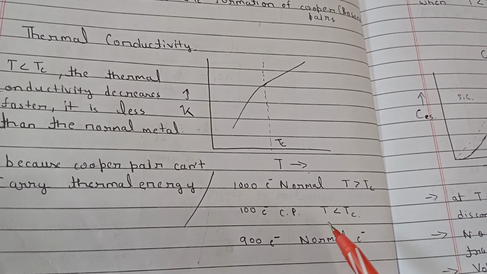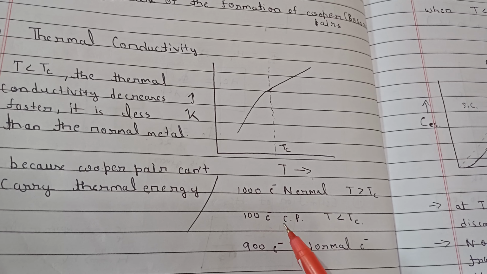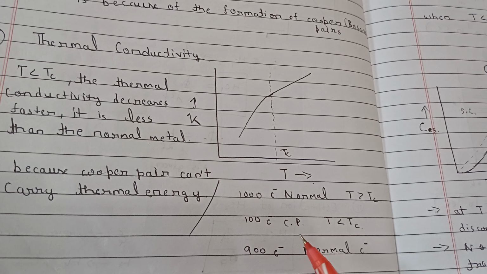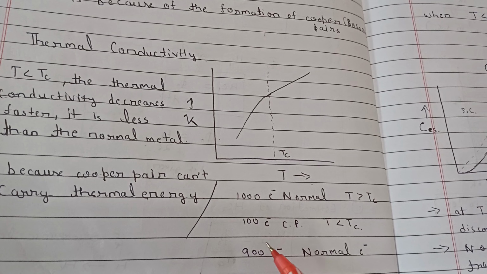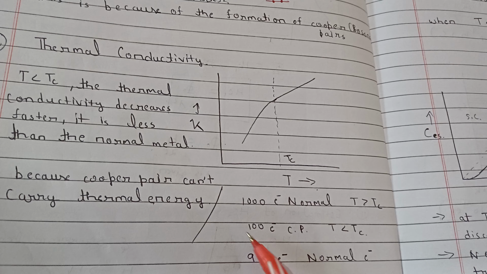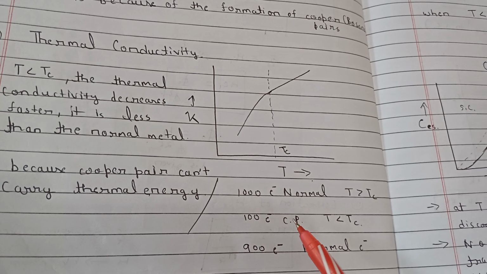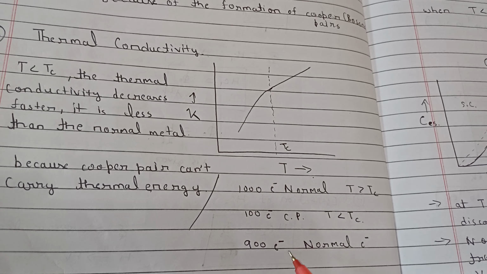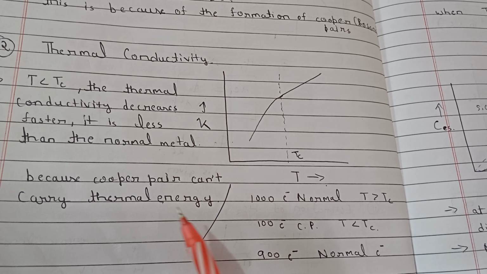For T less than Tc, let's say 100 electrons form Cooper pairs, which makes 50 Cooper pairs, and the remaining electrons are 900 normal electrons. So there are fewer electrons available to conduct heat and carry thermal energy.